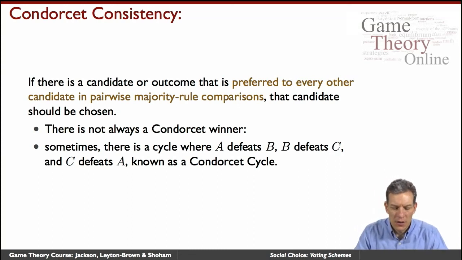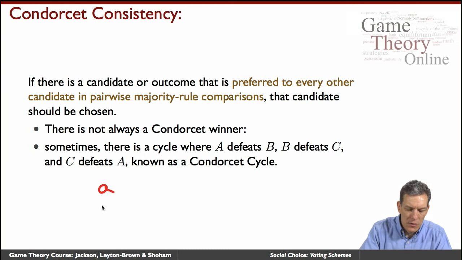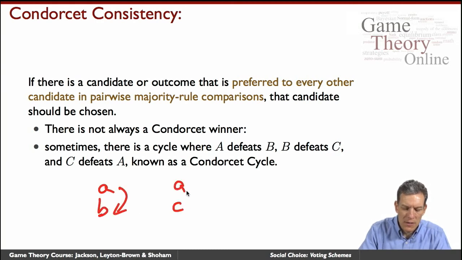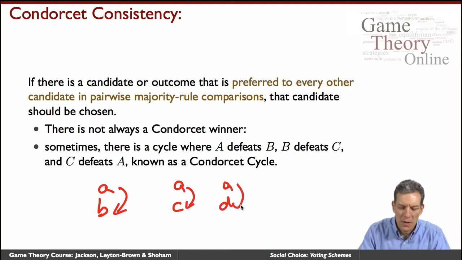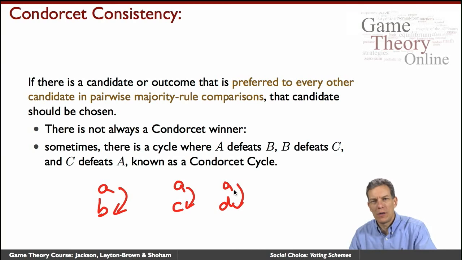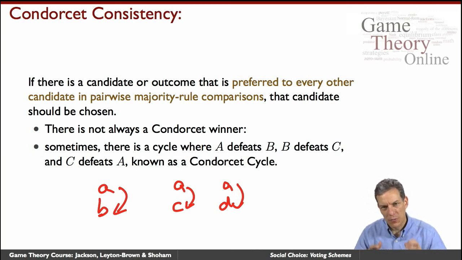So if we've got A versus B, A is preferred to B by a majority. And we look at A versus C, A is preferred to C by a majority. And A to D, so if A beats every other alternative, it has a majority of votes versus all other ones, then that's known as a Condorcet winner. Okay, so it's something which a majority prefers to any other alternative.